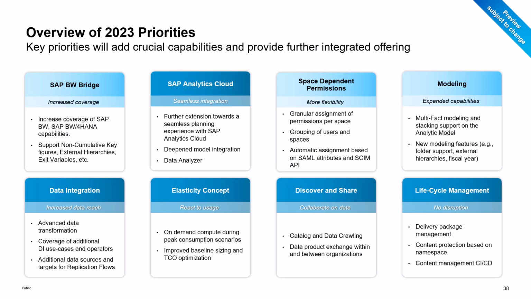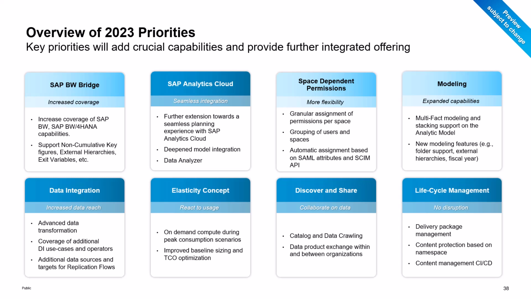Similarly, multi-fact modeling is available in the business layer today, but not in the newly introduced analytic model. Also stacking support there. That's something we're working on to extend, and hopefully we get that within the next few months, like always, given the development and testing goes fine.